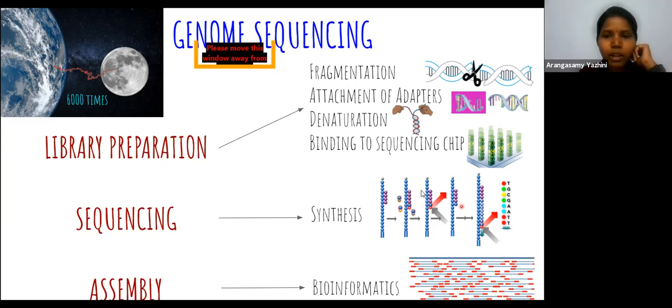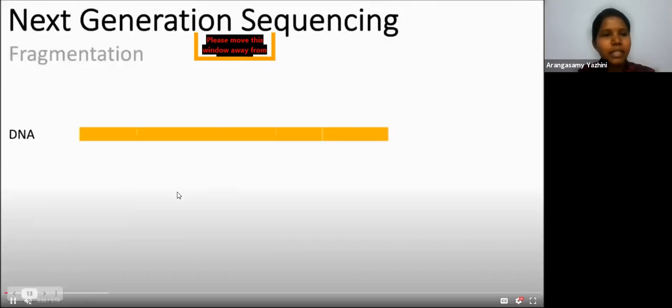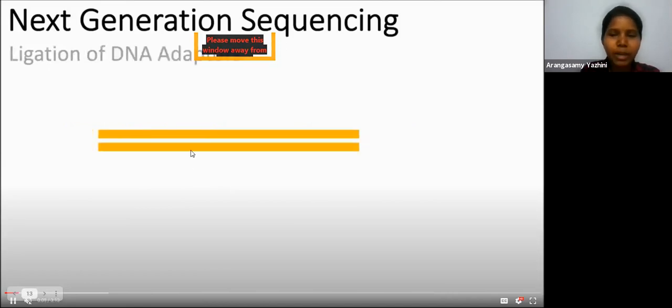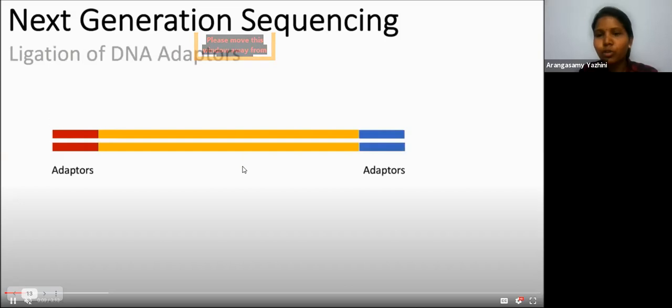As I said, you are fragmenting the DNA and attaching adapters, which are useful to attach onto the chip on which you are going to sequence. These are called adapters.